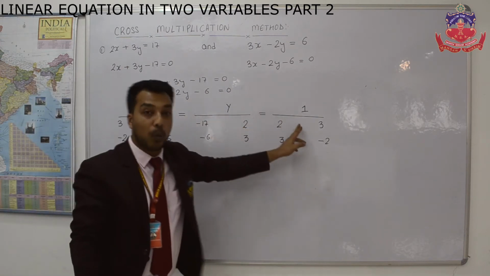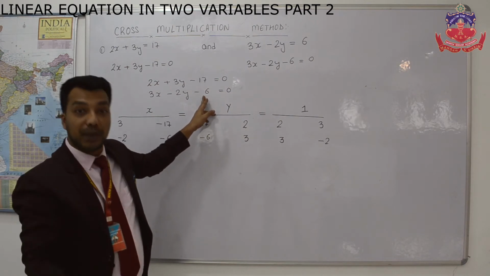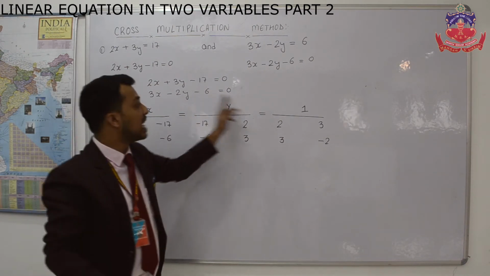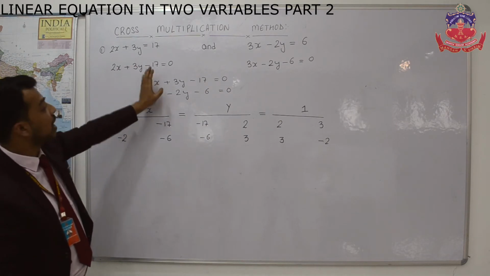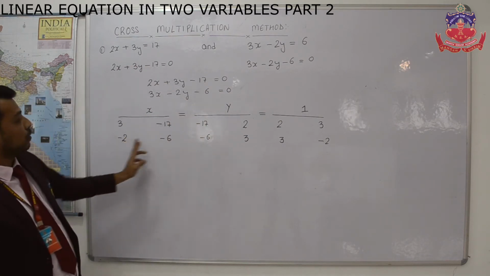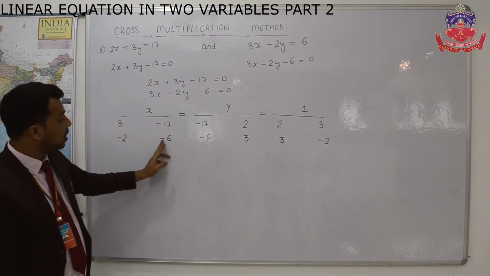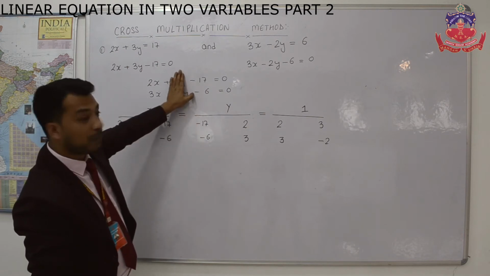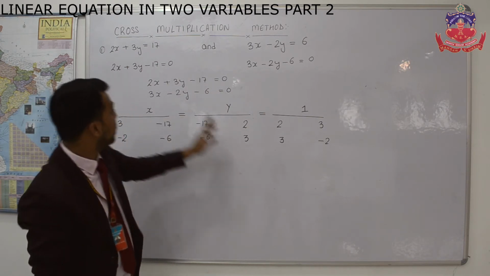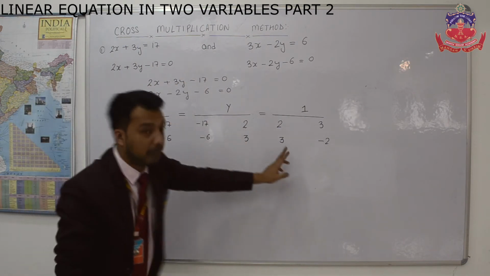After y, we wrote 1, because with the constant you do not have a variable, so the variable can be considered as 1. After that, we covered x, and then we wrote the visible numbers, that is 3 followed by minus 2, and then minus 17 and 6. Then we went for y, we covered y, and we wrote the numbers, that is this one. We covered the last part, that is the constant, and we wrote the visible numbers.